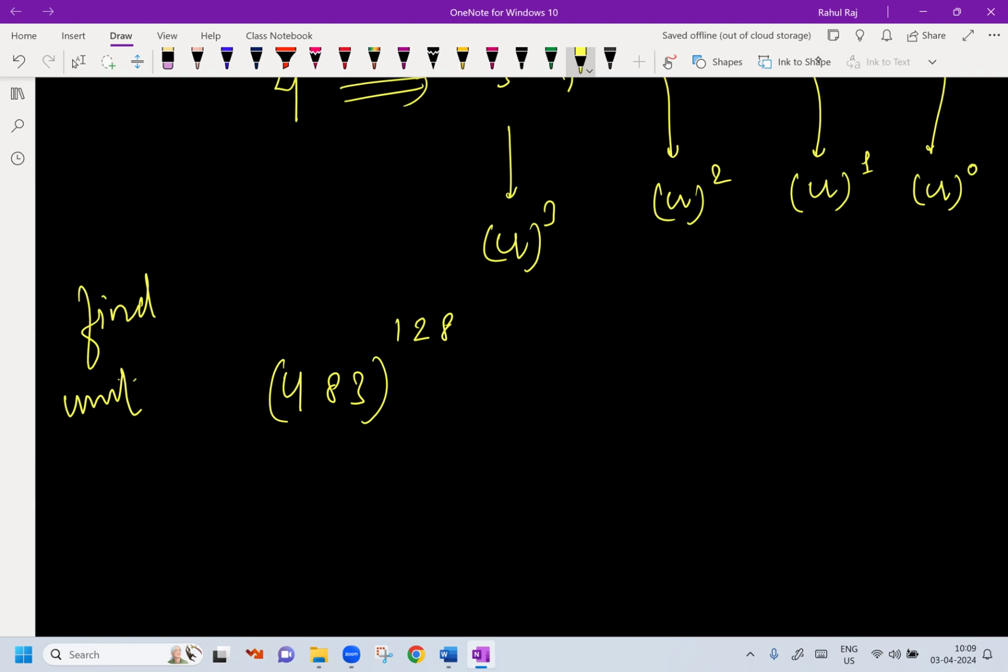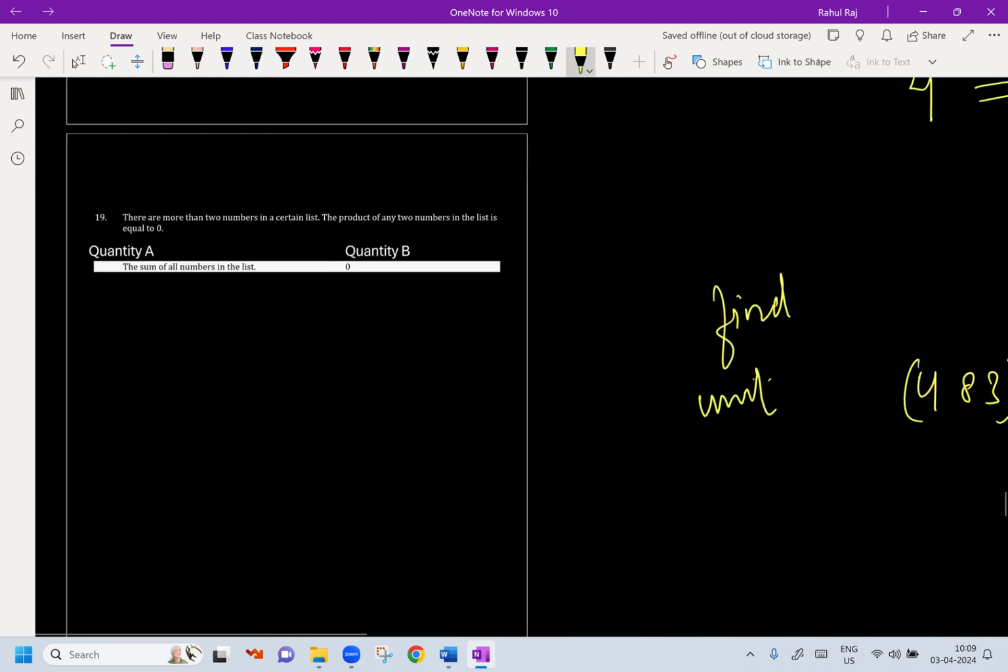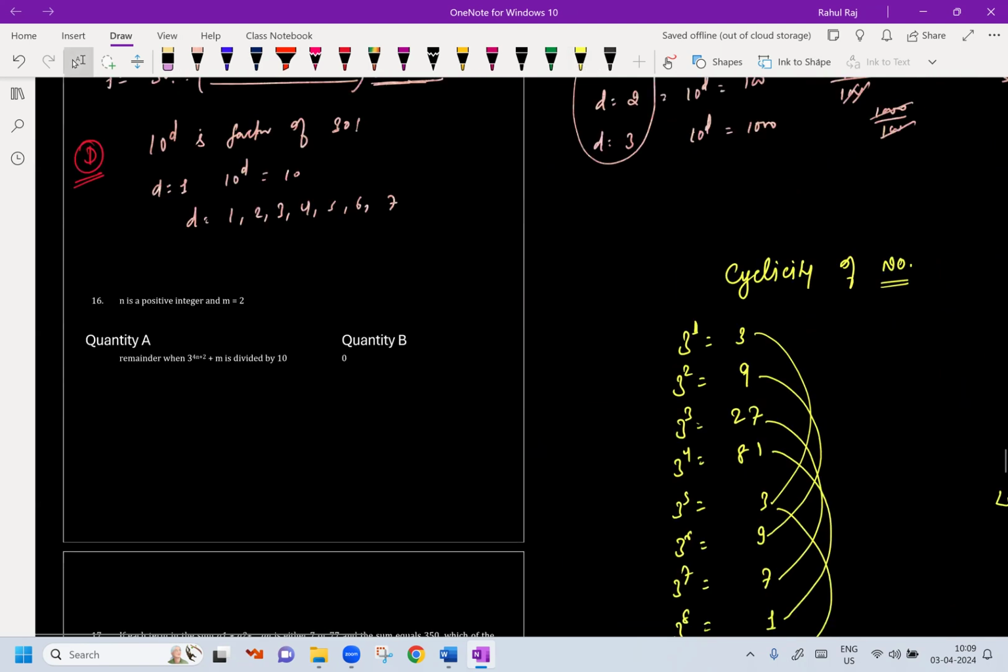The unit digit is 1 because I got 81. Perfect. If you divide 128 by 4, the remainder is 0. So 3 to the power 4, and the unit digit is 1. Perfect.